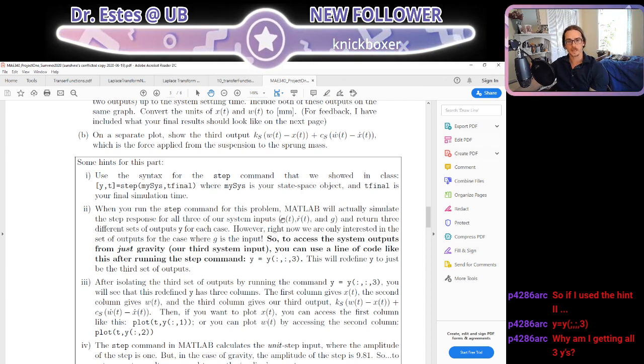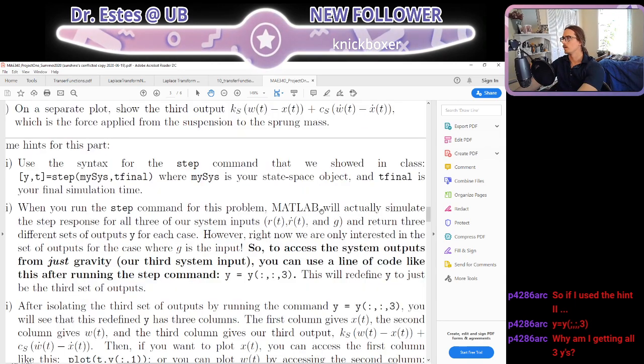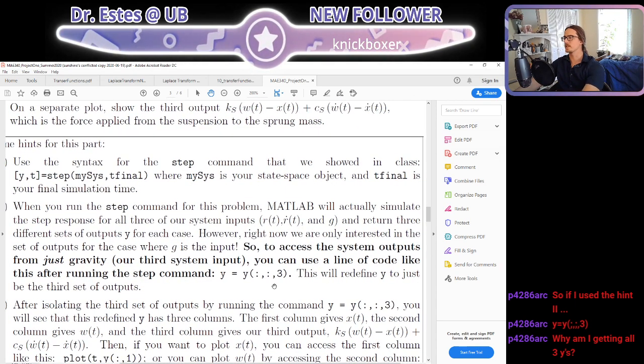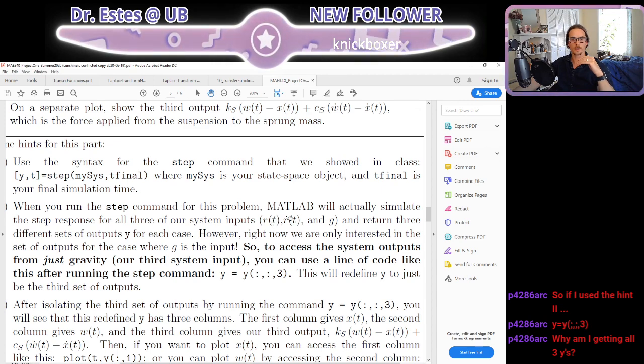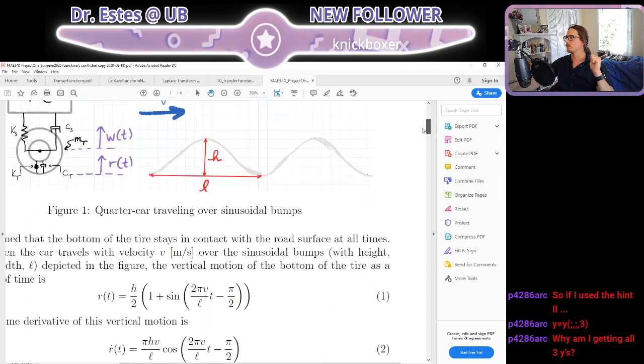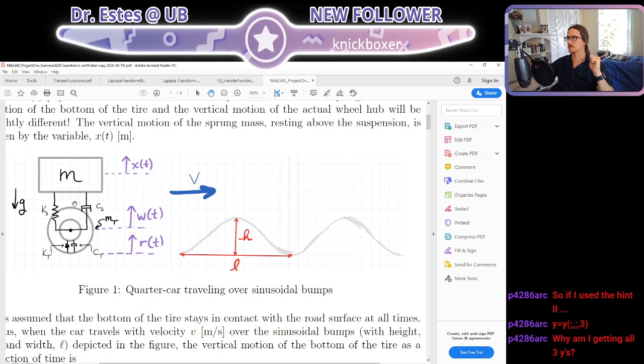When you use the step command, what it does is it says, okay, I'm going to give a step input for your first input variable. I'm going to give a step for R dot as well, my second input, and I'm going to give a step for G. So physically, if you go back to this diagram, the step command introduces a step to the road bump, as well as G, all 3 of those, it tests those.